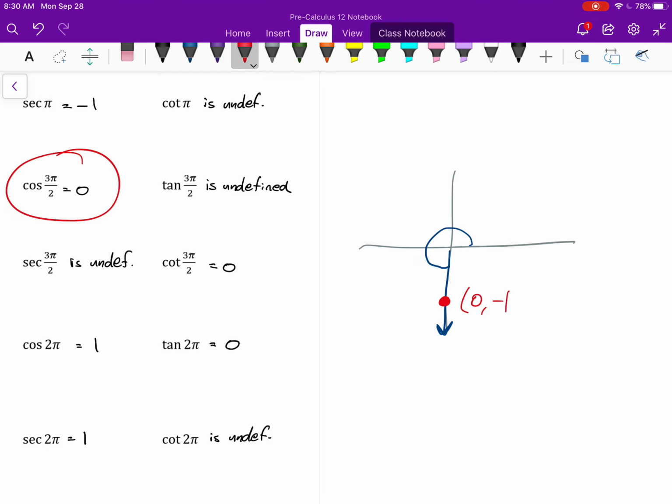Y can be, let's say, -1. Which means the distance from here to here is 1. That distance I just drew in red. If I chose a y coordinate of -3, the distance here would be 3. It's always going to be the same thing. But I'll stick with 1. And now, again, cosine of any angle is x over r. So in this case, it's 0 over 1, which is 0.